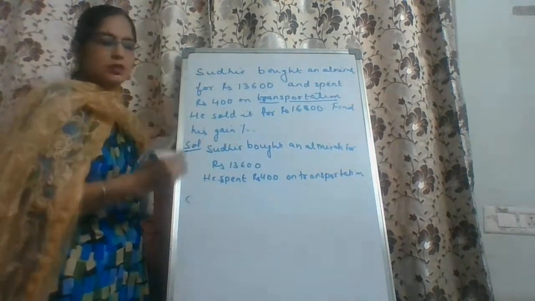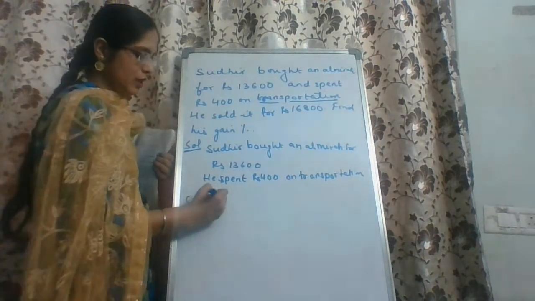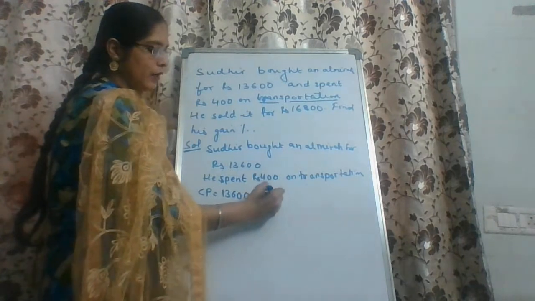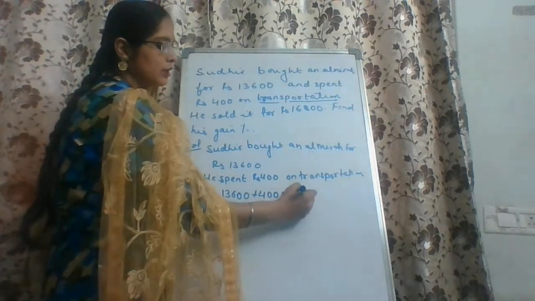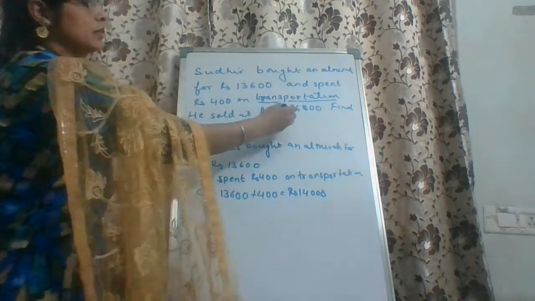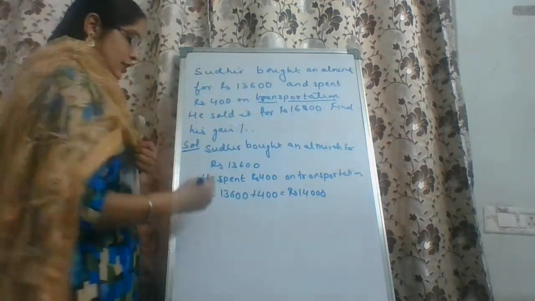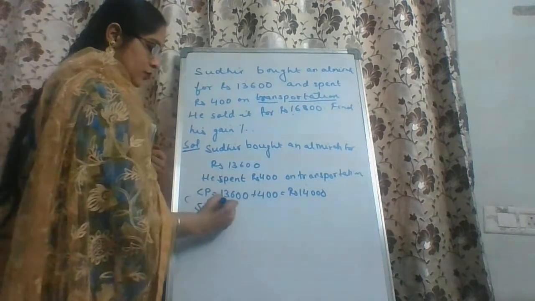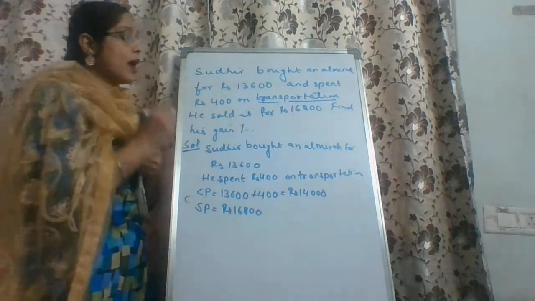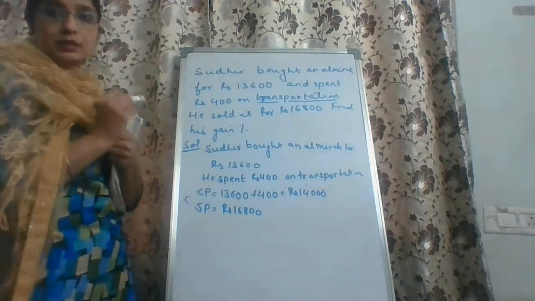That means the cost price is equal to 13,600 plus 400, which is rupees 14,000. Selling price equal to rupees 16,800. You have to find his gain percent.